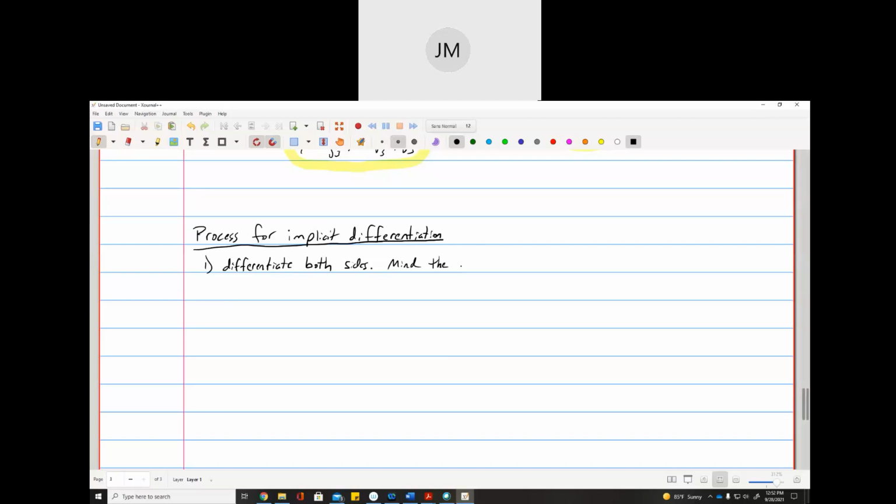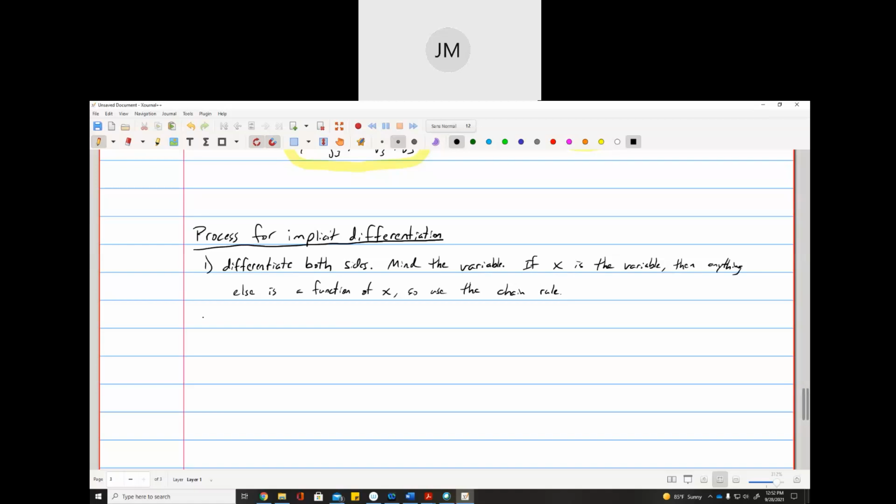So mind the variable. If x is the variable, then everything else is a function of x. Okay, and if it's a function of x, then we use the chain rule on it. Okay, and I'm going to show you some examples.